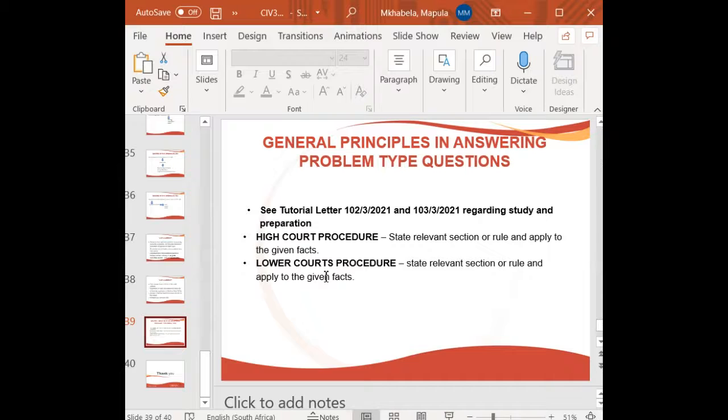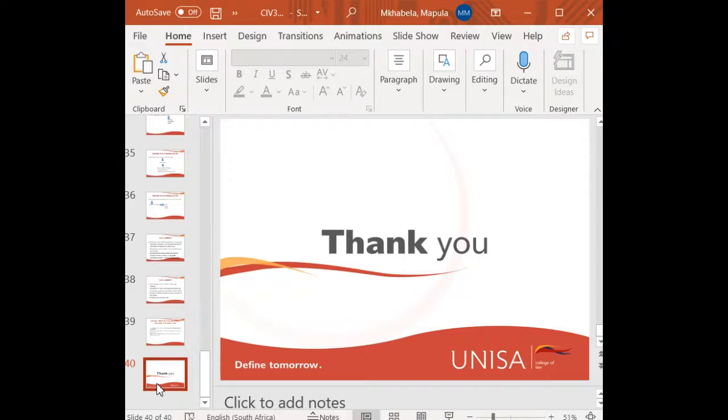And in the lower courts as well, state the sections or rules and apply them to the given facts correctly. So it is important that you provide a clear discussion when answering the questions during your assignments or even during your exams.